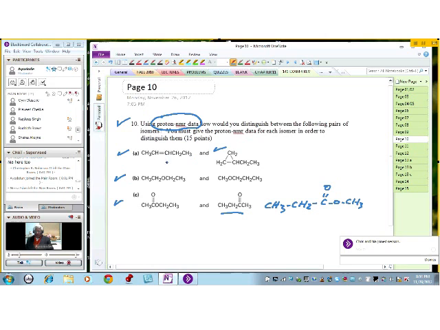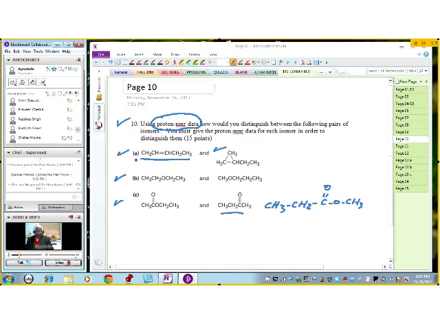Now, if you are given this kind of question, the first question you need to ask yourself is, let us take a look at this molecule here. Can anybody tell me how many different types of hydrogen you have in this molecule?